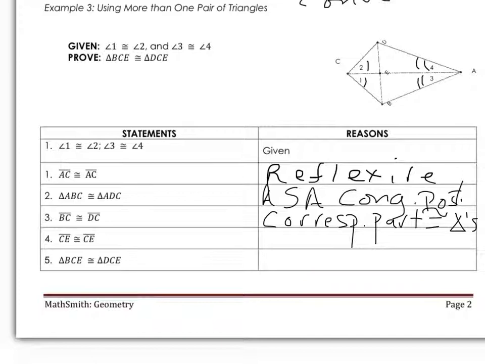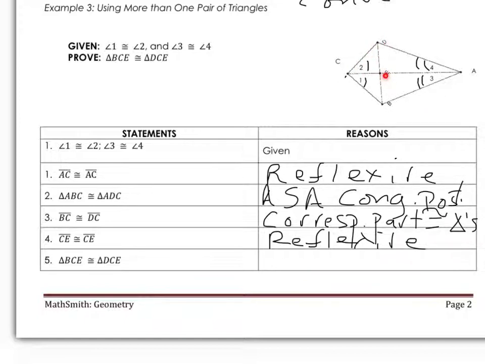And now they're saying CE is equal to CE. Well, that looks familiar. That looks like it's reflexive again. And then they're drawing the conclusion that this triangle, BCE, is congruent to DCE.